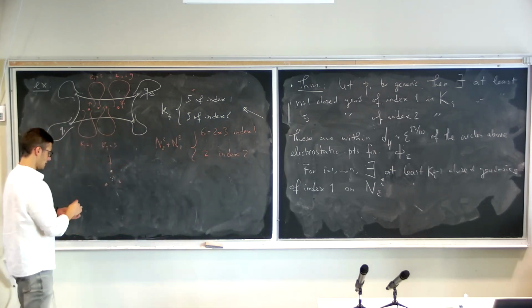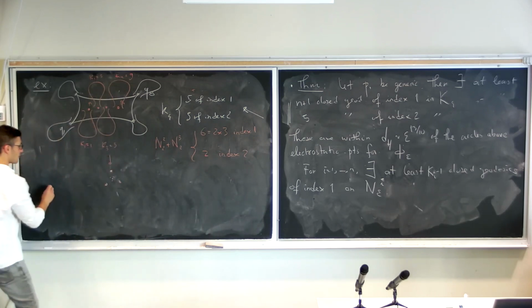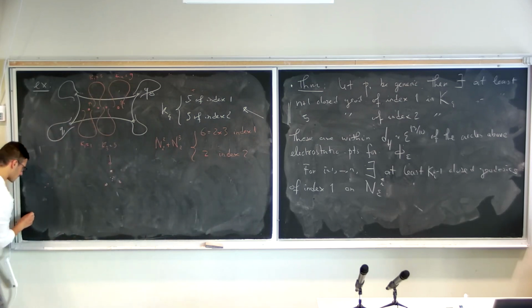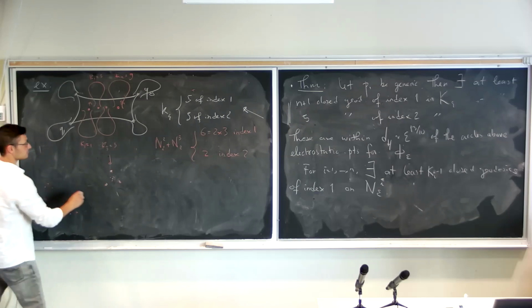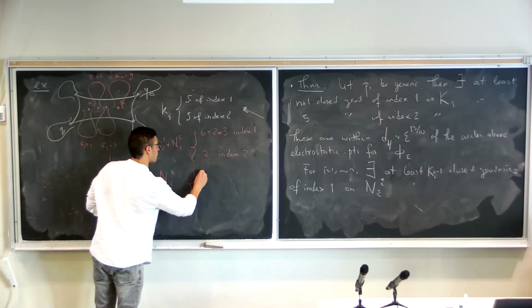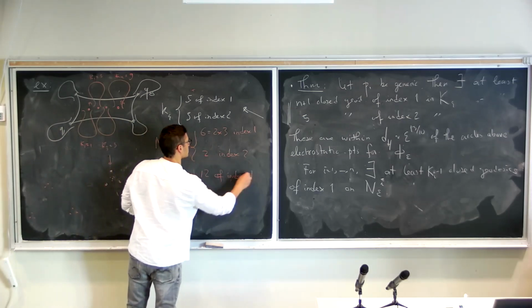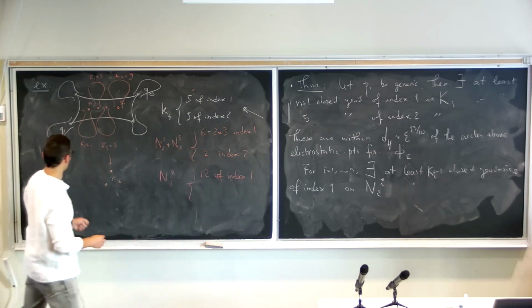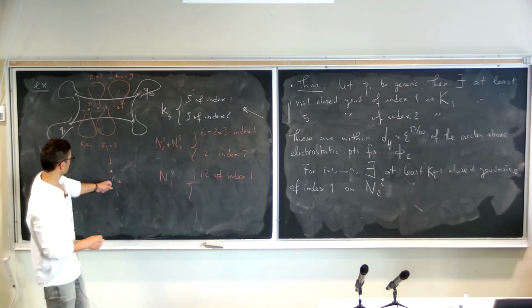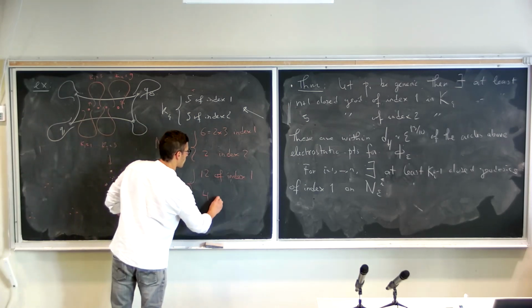Okay, and then we take the guy with 9, and for the guy with 9 we will use this configuration, if you remember from the beginning. And in this configuration, so on N epsilon 4, we had 12 of index 1, because it's 4 times this guy, and we had 4 of index 2.